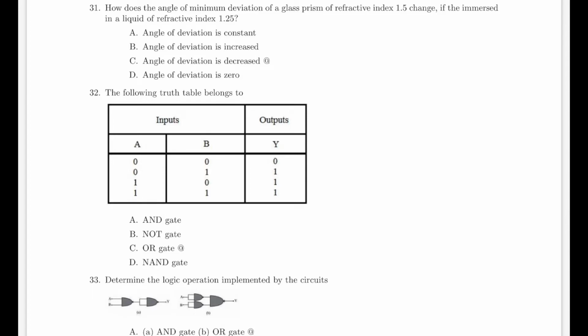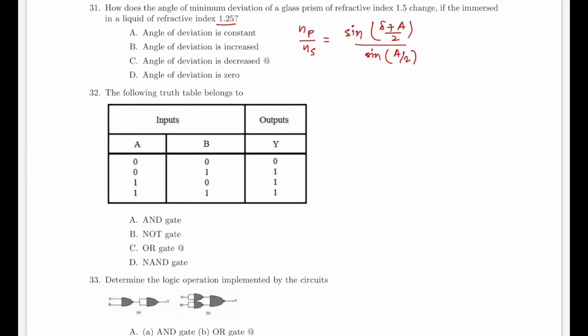1.5 will change if it is immersed in a liquid of refractive index 1.25. So as we know, refractive index of the material of prism divided by the refractive index of the surrounding is sine (delta plus A) by 2 divided by sine A by 2, where delta is angle of minimum deviation, A is angle of prism.